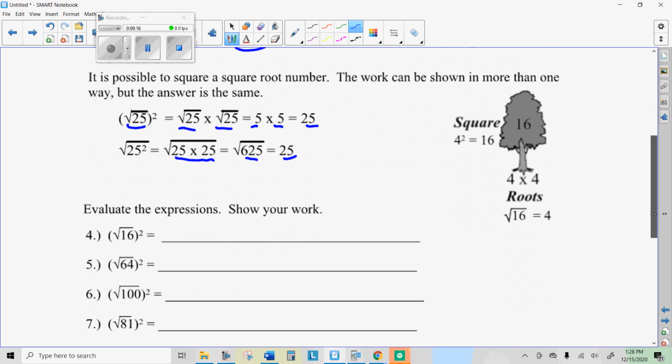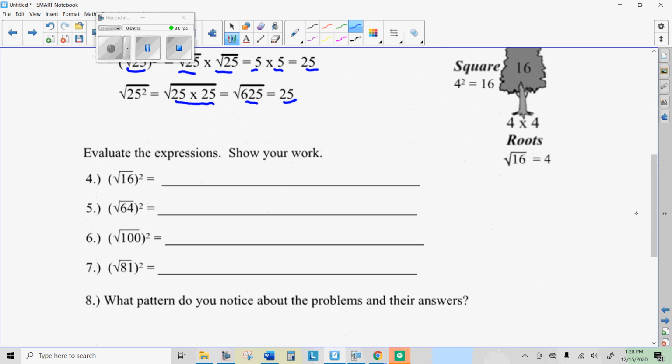So thinking about that, go ahead and evaluate these expressions any way you like. I'll do this one like this, and then you can decide how you want to do it. You could have done the 16 squared first, but I'm going to write it in expanded form and then simplify each part. Square root of 16 is 4, and so that equals 16. Go ahead and finish those up.